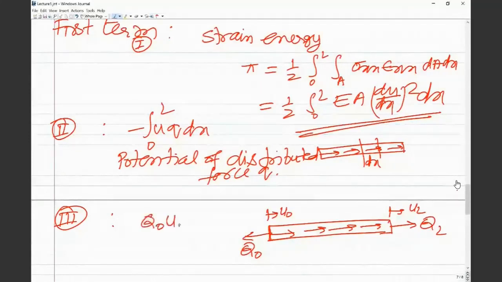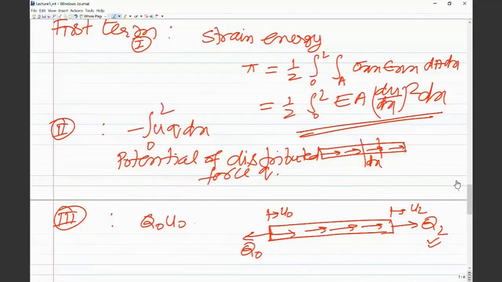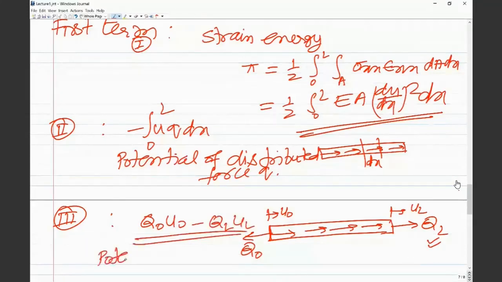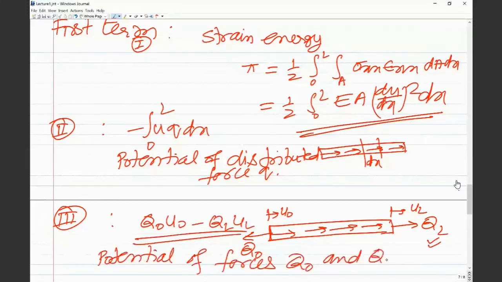The work done is minus Q naught into U naught, and the potential is the negative of that, so it becomes plus Q naught into U naught. The work done by the force QL will be QL into UL. The work done is positive because the force and displacement are in the same direction. But the potential is the negative of the work done, so we will have minus QL into UL. So this is the potential of forces Q naught and QL.